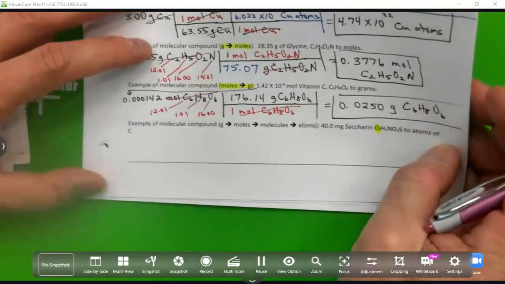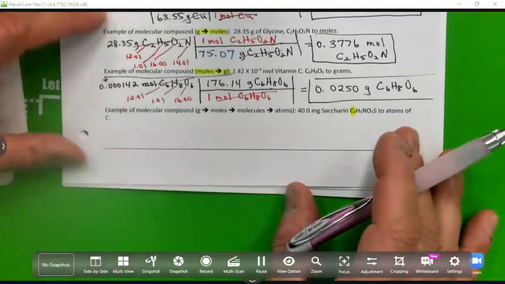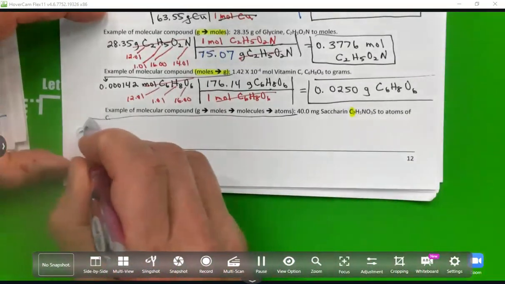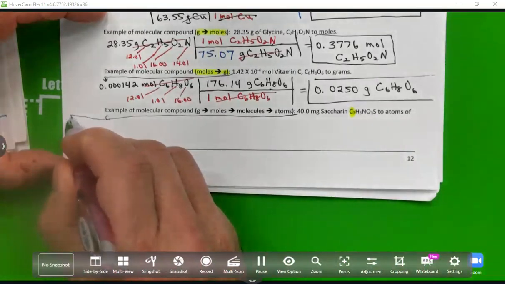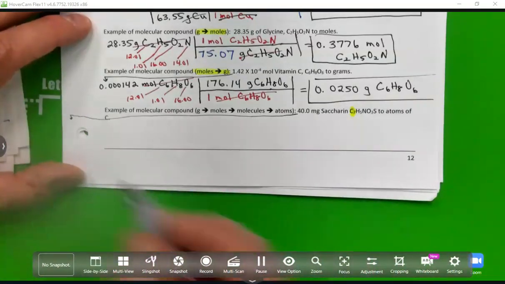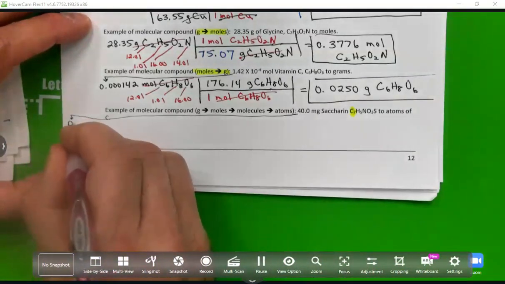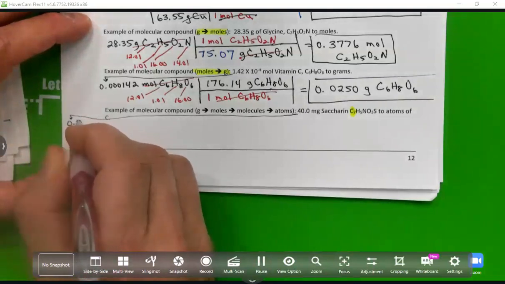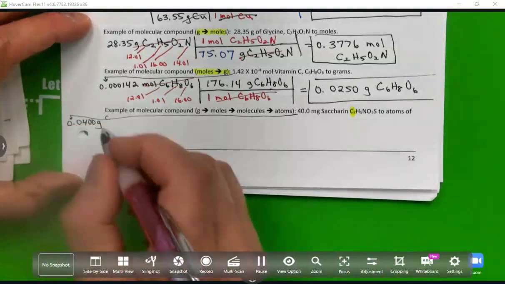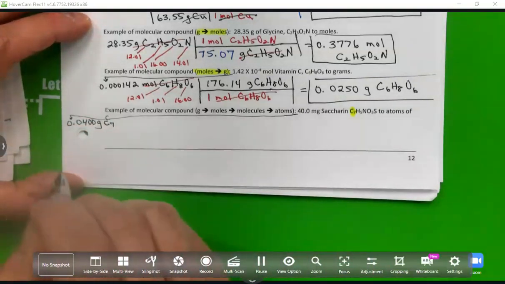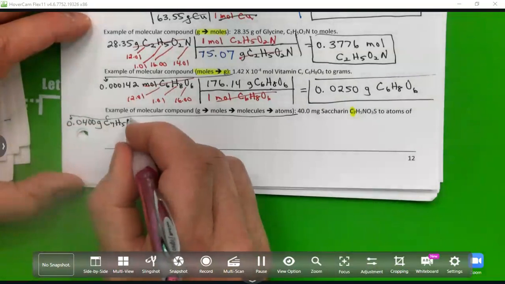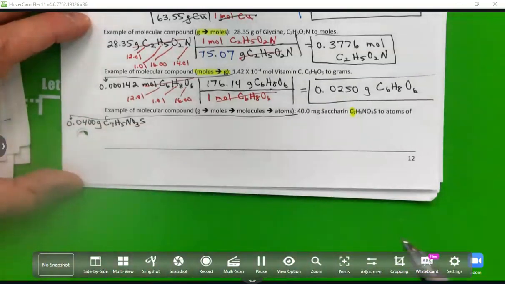We're going to start out with 40 milligrams. We're going to start right here, way over here. I'm going to convert that to grams. We're going to start with 0.0400 grams of C7H5NO3S.